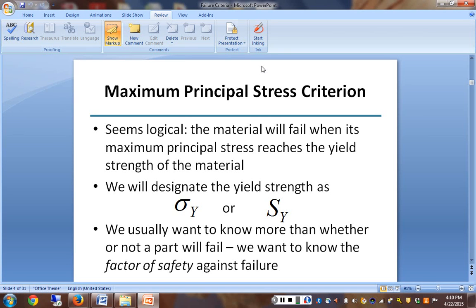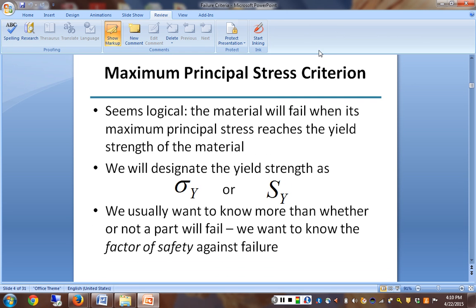Sometimes you see it as sigma y, sometimes as a capital S. That's just saying it's the tensile strength. If you put what they call a dog bone sample, this particular shape, in the Instron and you pull on it, what's the yield strength? That's our sigma y, capital Y, or our S capital Y.